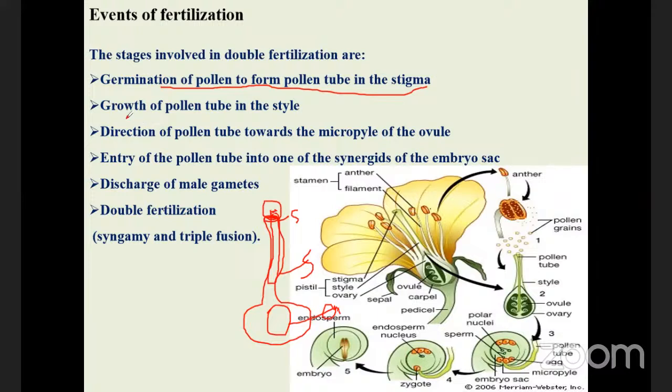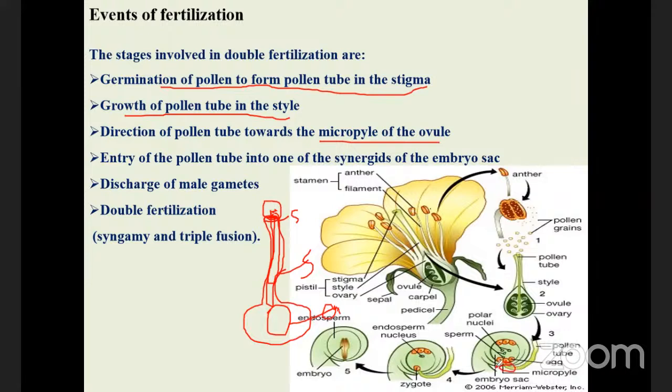The second step is growth of the pollen tube in the style. Whenever the pollen tube is formed, it grows in the style toward the ovule, directed toward the micropyle end of the ovule.